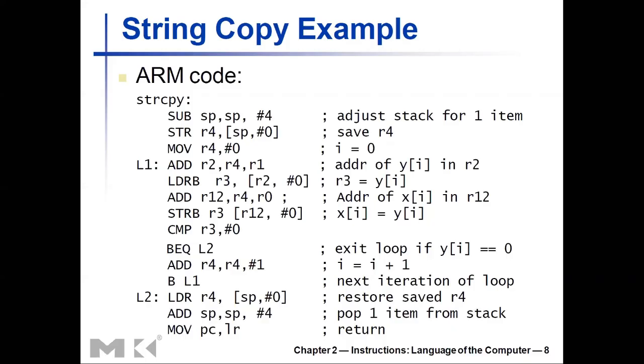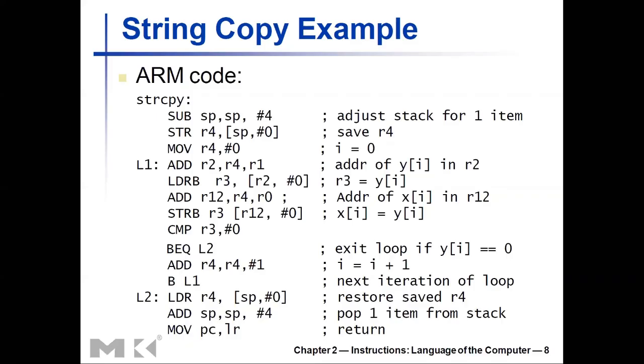When you use LDR, these offsets have to be aligned in the memory. So only 4 byte locations you can access. If you put something like #1, #2, and that memory location is not word aligned, it's going to behave in a way that we don't know. Sometimes it can give an error, otherwise it might behave in an unexpected way.